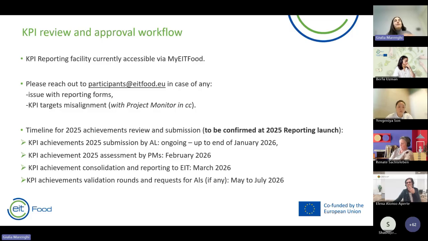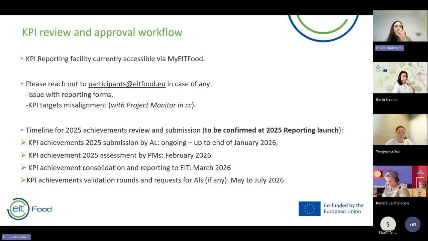Of course, if you experience any issue with the reporting form, or if you spot any KPI target misalignment, please address the question directly to participants at EIT Food, who will then dispatch the specific question to the EIT Food staff that is more relevant to tackle the issue.